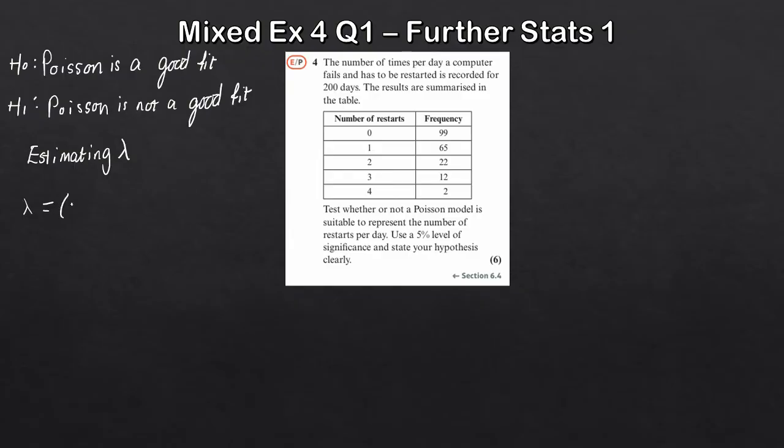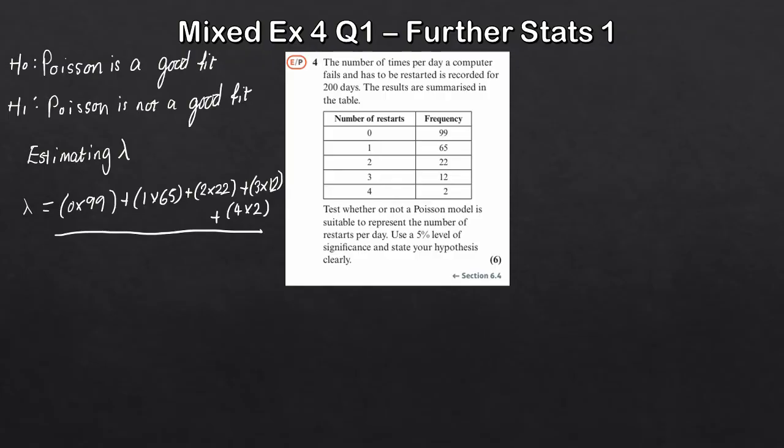So 0 times 99 plus 1 times 65 plus 2 times 22 plus 3 times 12 plus 4 times 2, and then we divide that by 99 plus 65 plus 22 plus 12 plus 2, which is our total, 200. What you should get is that lambda is 153 divided by 200, which is equal to 0.765.